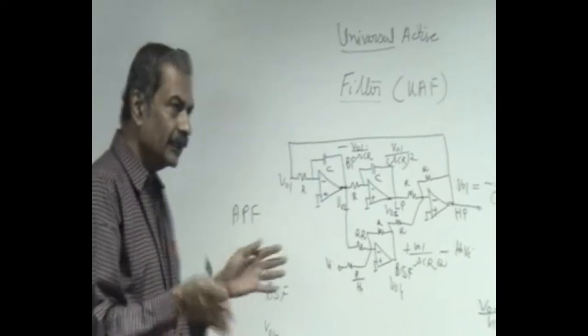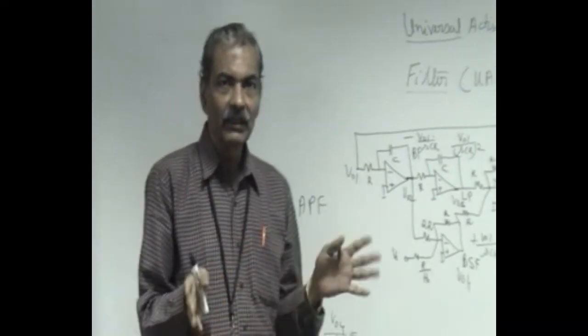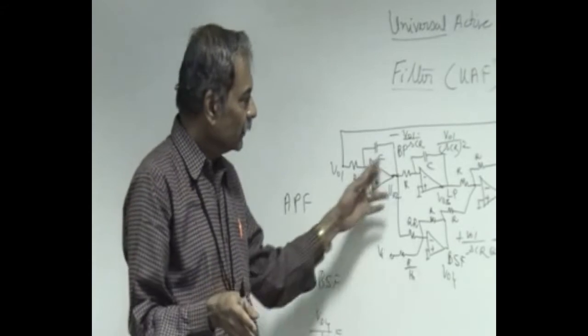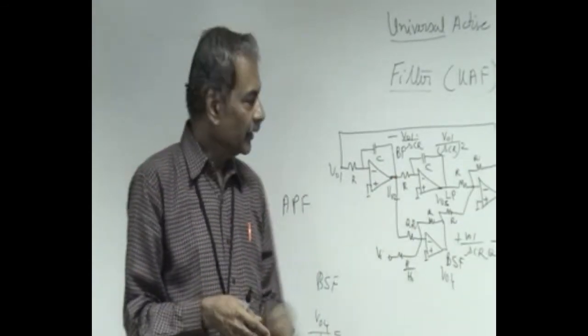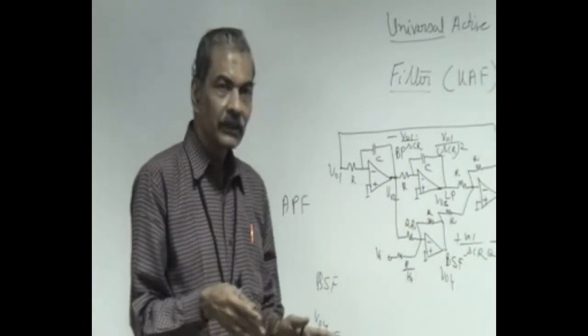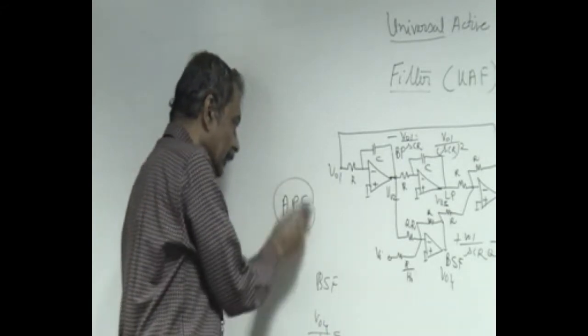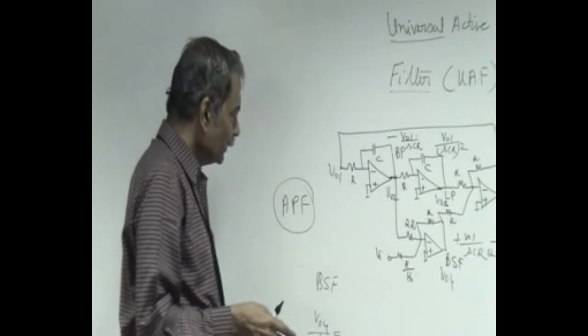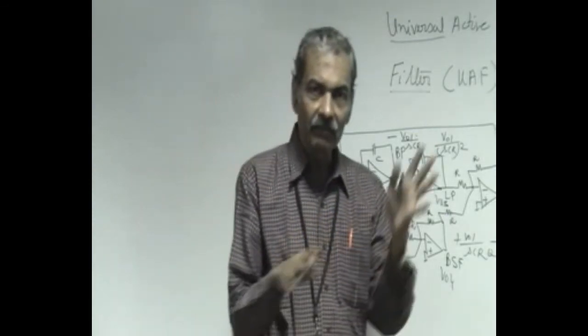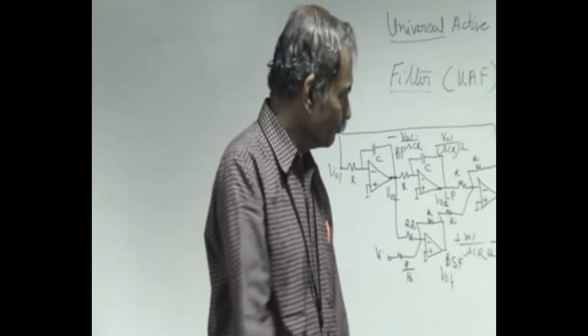So any second order filter which is stable can be synthesized by using the outputs of these various op amps and adding or subtracting them appropriately. An all pass filter, for example, which has constant magnitude and variable phase shift, can be generated using this.